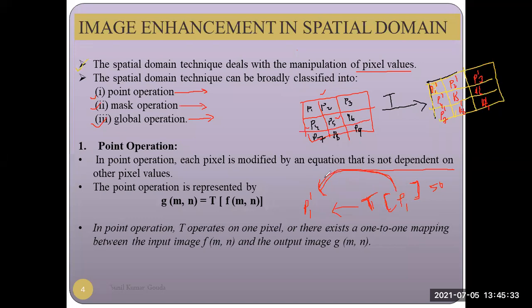That means whatever transformation or image enhancement algorithm we apply will be applied to a particular point. It will not depend upon the neighborhood pixel values. I hope this point is clear to all of you. What do you mean by point operation? Fine.